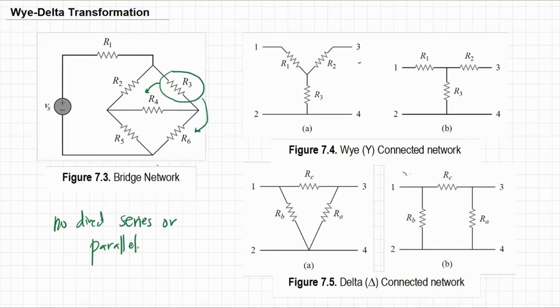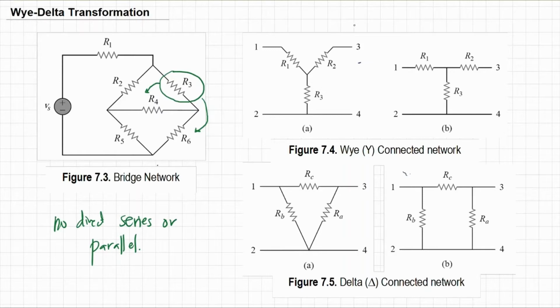So in this regard, we will be invoking a new network connection, which we call the Y connection as well as the delta connection. When we have these particular connections, we can use the conversion between the said network connections. But first, let's explore what is a Y-connected network and delta-connected network.